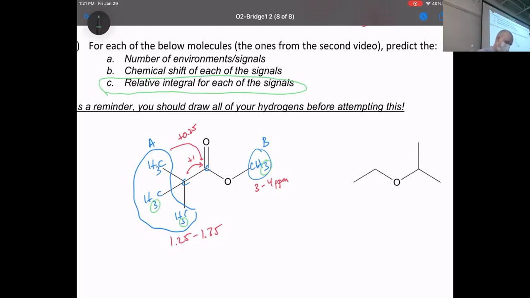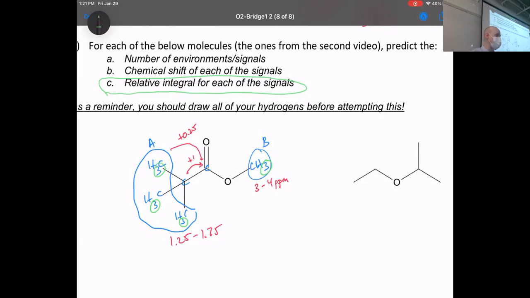Yes, just how many hydrogens are in the environment. Exactly. And so it's really just counting the number of hydrogens in your environment, and that's all that it is. It's really, really helpful information. In fact, I would say that this would be your number one place to start when you're decoding the signal in an NMR, is how many hydrogens are in that environment.